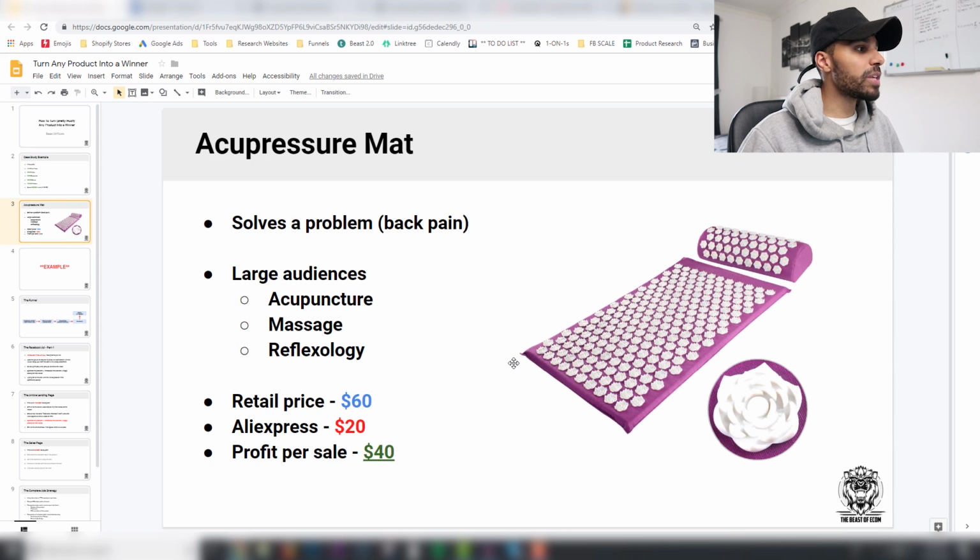So let me reveal to you the actual product. This is the product that they are selling, and I'm going to show you the whole thing live in the next part. But basically this is the actual product that has generated these numbers. It's an acupressure mat or acupuncture mat, one of the two, same thing. And it solves a problem, of course. People out there who have back problems, back pains, neck pains, it's for those guys.